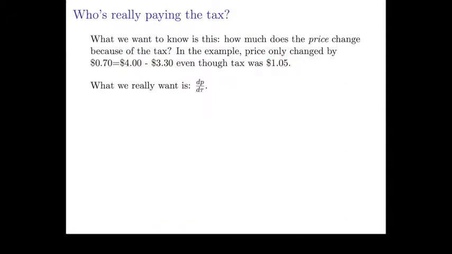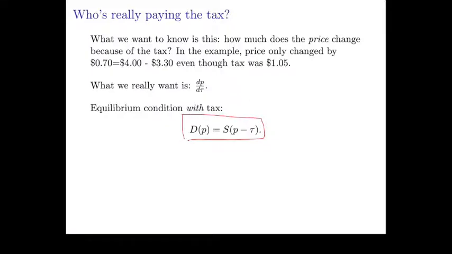What we really want to know is the derivative of price with respect to the tax. So how much does the price that the consumers pay go up if we increase the tax a little bit? Remember, this is the equilibrium condition. We've phrased it so that the suppliers don't receive the entire amount P that the consumers pay.